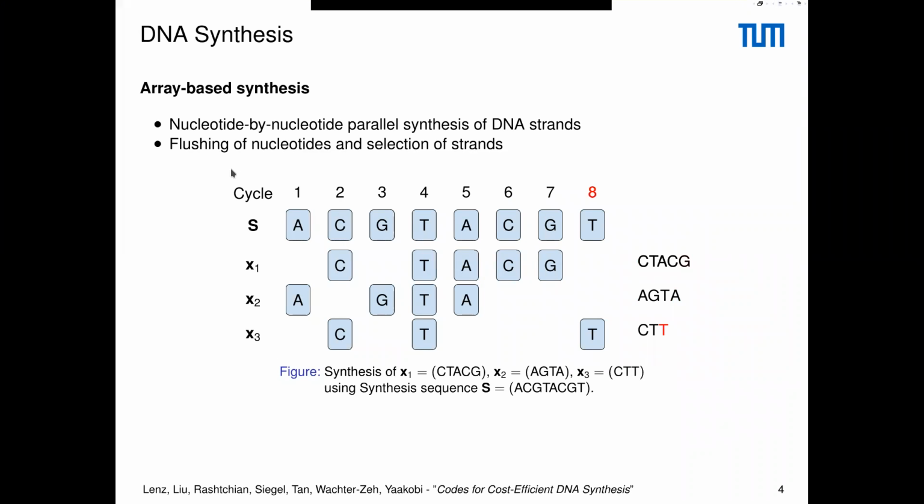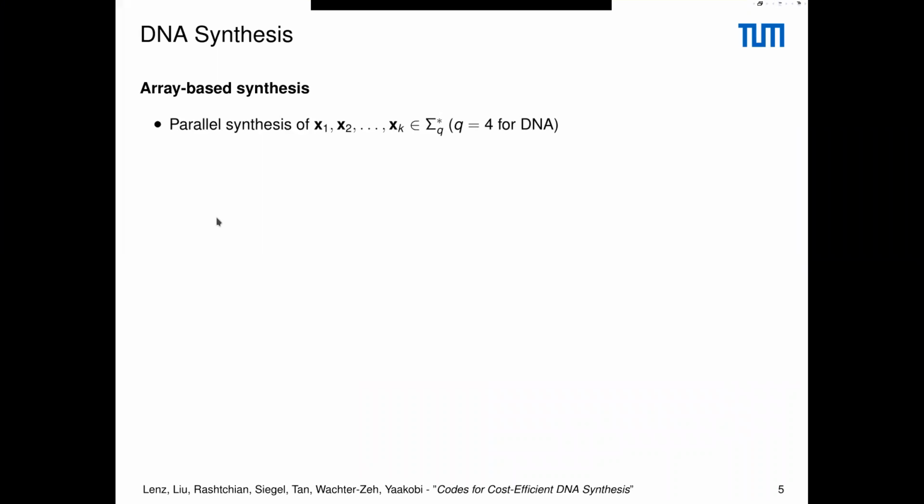Okay, now let's go a little bit more formal and talk about the problem setting. Say we have a parallel synthesis of K strands, where K was 3 in the previous slide. They are just arbitrary length sequences over an alphabet of size Q, where Q is equal to 4 for A, C, G, and T in DNA. Now we choose a common synthesis sequence S, which was the ACGT in the previous slide.